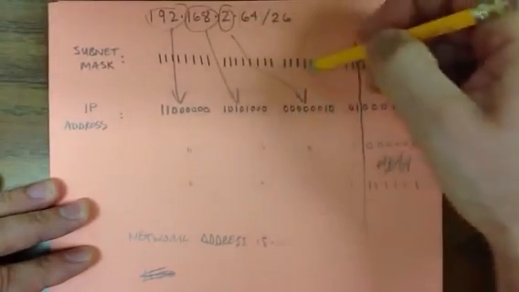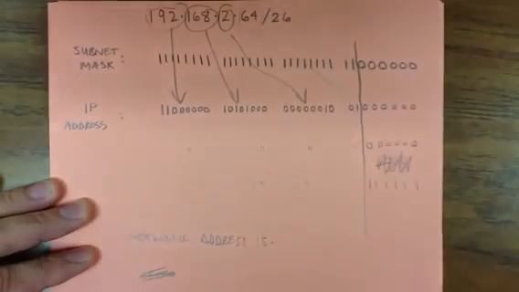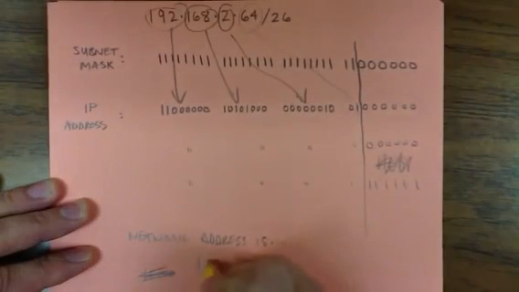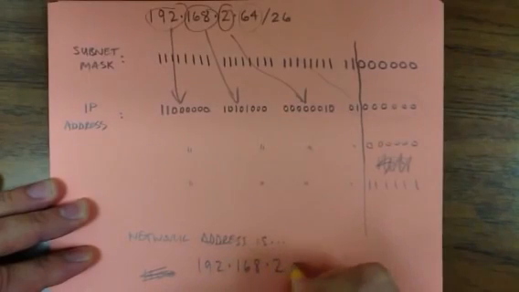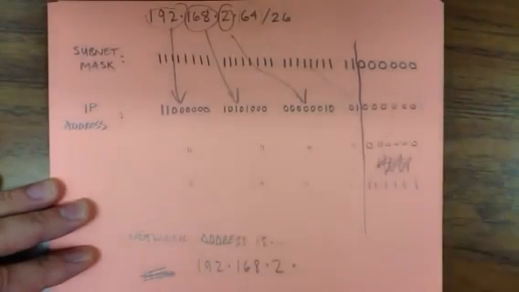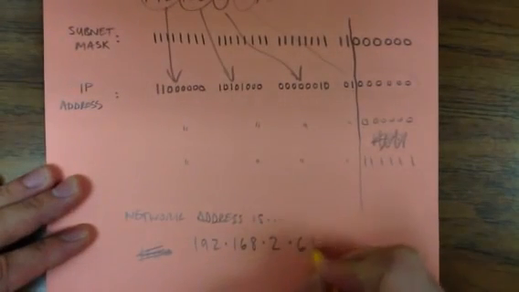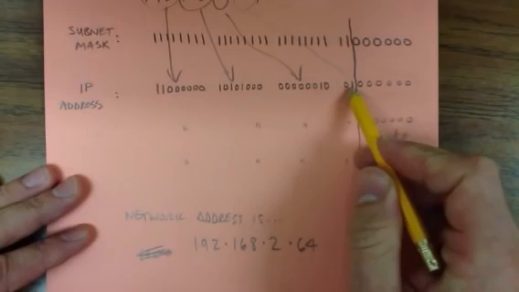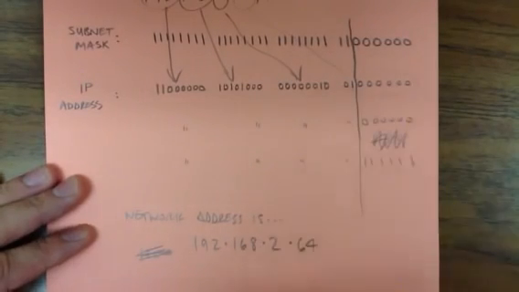This is binary for 2. And this whole thing is 64. So network address would be 192.168.2. Whatever that is. And it happens to be 64. Right? These can't move, with all zeros.